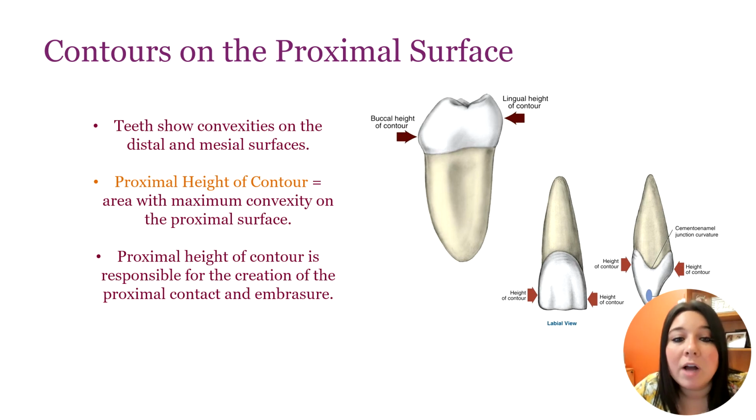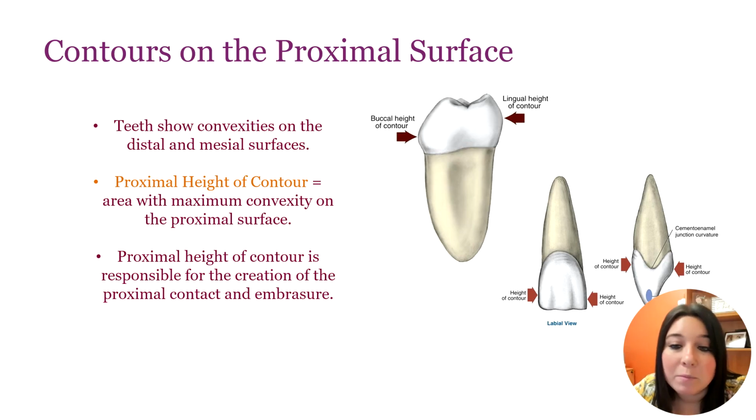The proximal height of contour is responsible for the creation of the proximal contact. So when we floss and you get that snap, that is that proximal height of contour creating that tension. It also creates the embrasure, that triangle area between teeth. An ideal contour between two adjacent teeth is necessary to maintain tooth position and dentition stability.